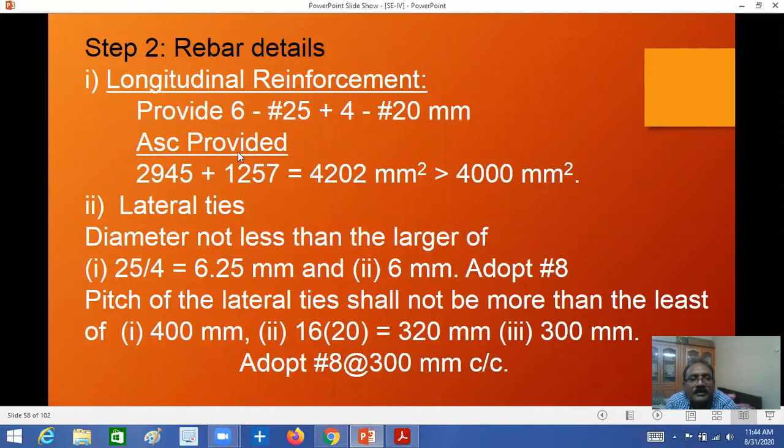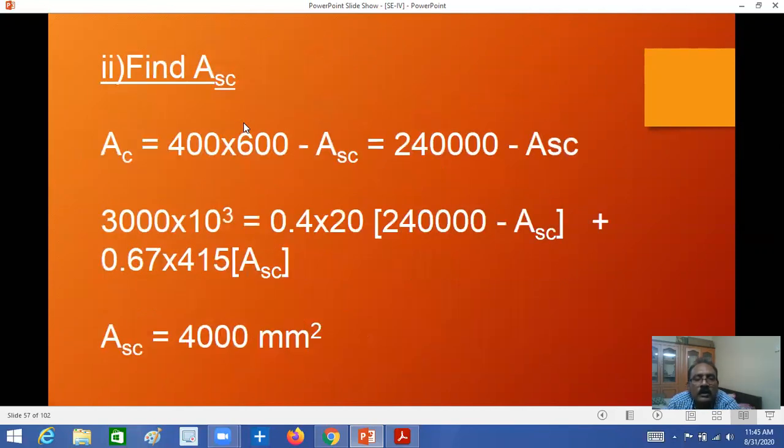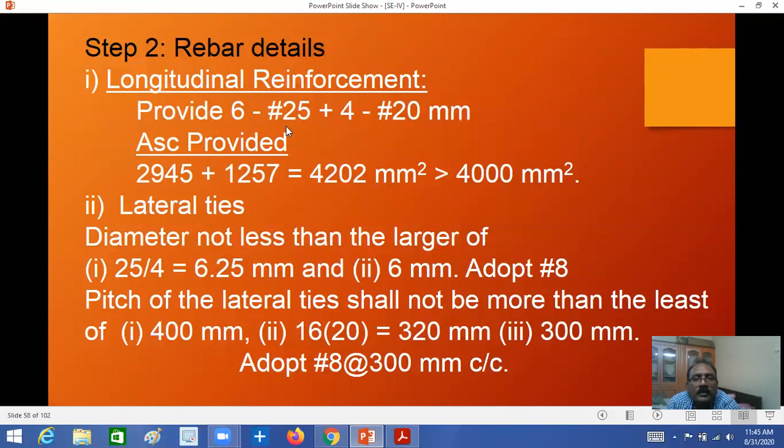details, that is ties. Provide 6 mm. What is the total reinforcement required here? 4,000 mm square. So provide 6 bars of 25 mm and 4 bars of 20 mm.